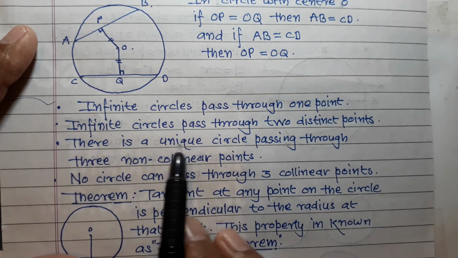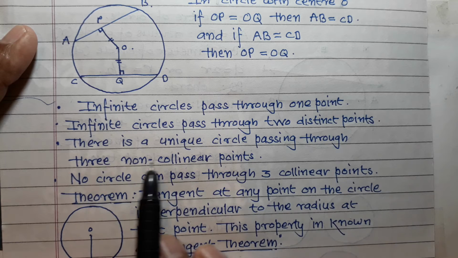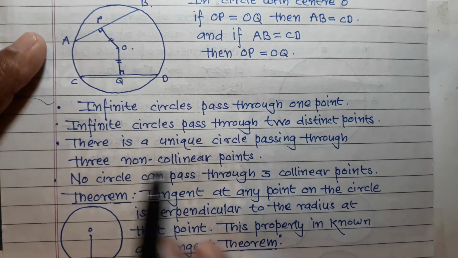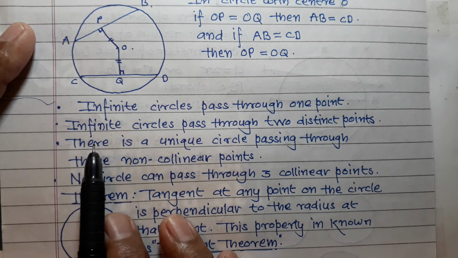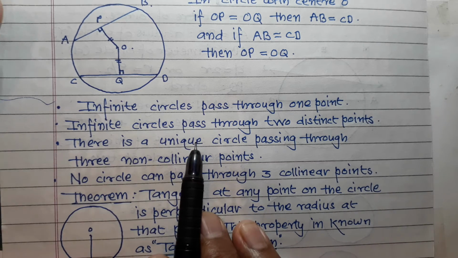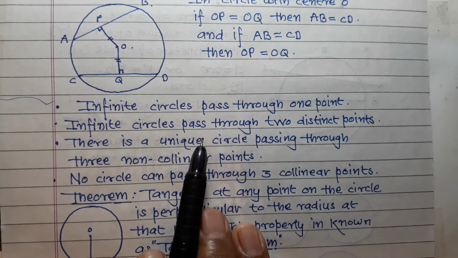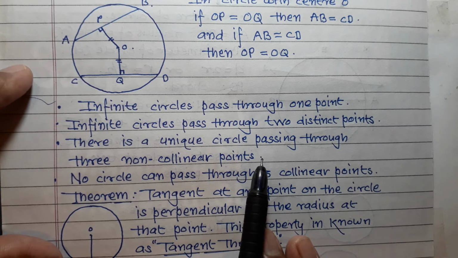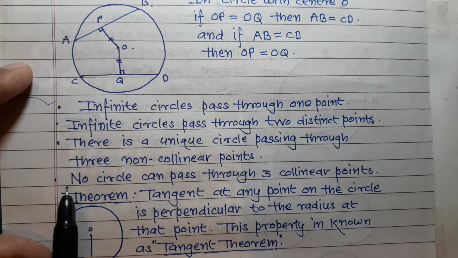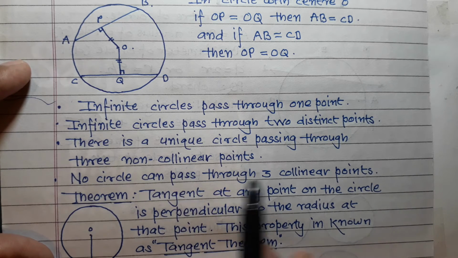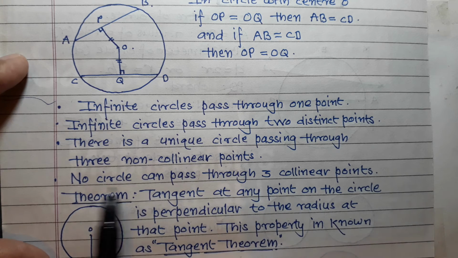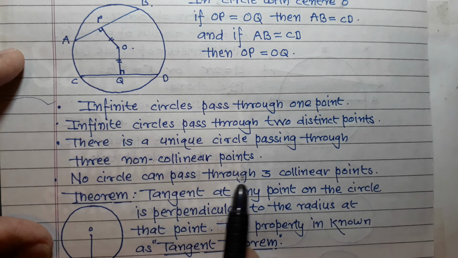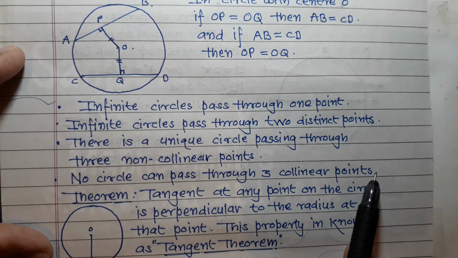There is a unique circle passing through three non-collinear points. If three non-collinear points are in the plane, then you can draw only one circle, a unique circle, passing through these three points. And if the points are collinear, then you cannot draw any circle. So no circle can pass through three collinear points.